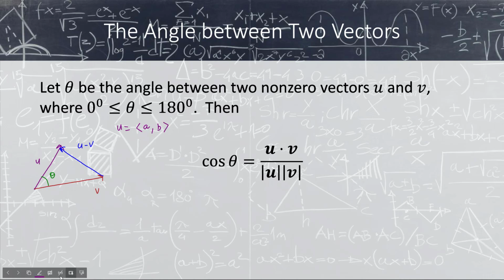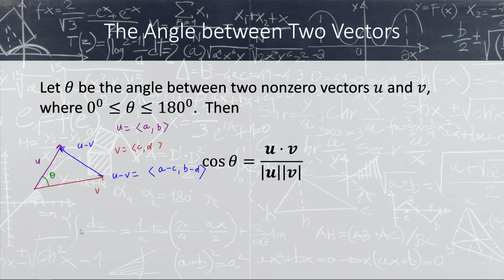Furthermore, we can describe v algebraically as c comma d, where c is the horizontal component and d is the vertical component. Well, if that's the case, then we can describe u minus v as a vector whose horizontal component is a minus c and whose vertical component is b minus d.